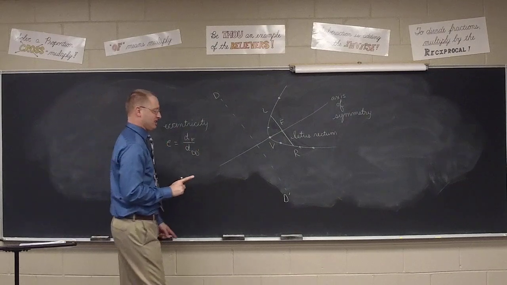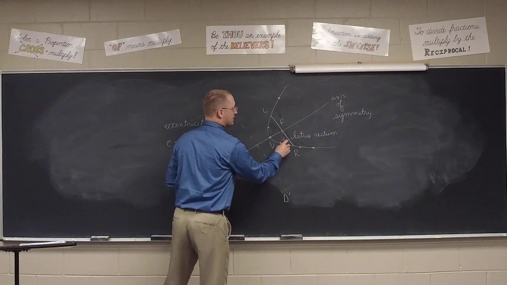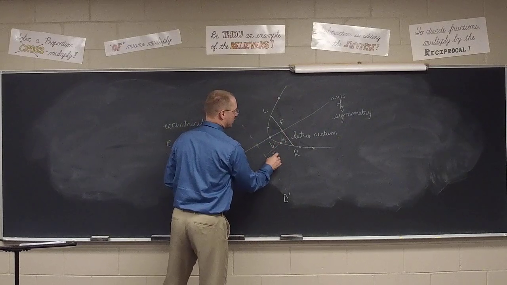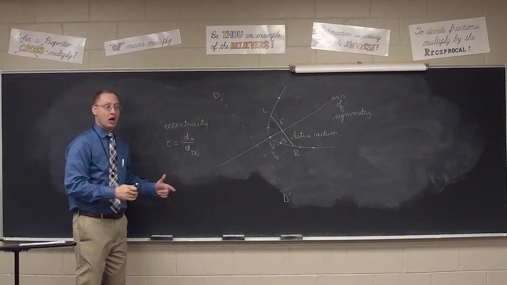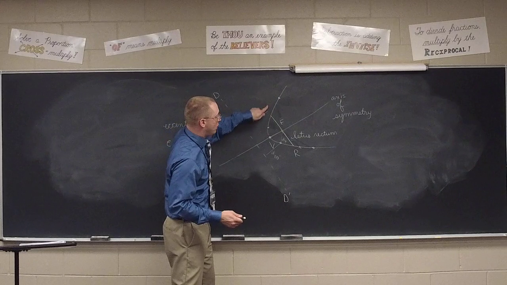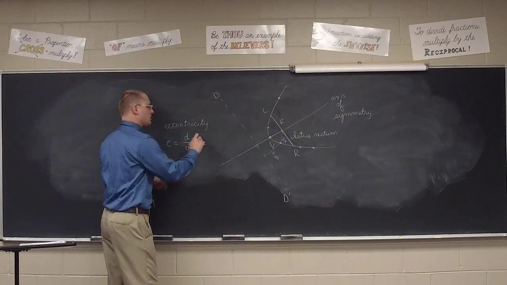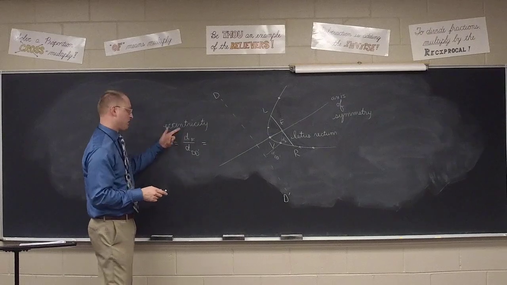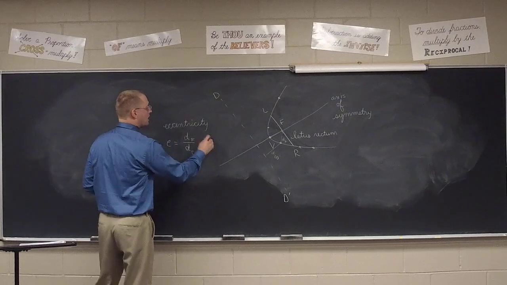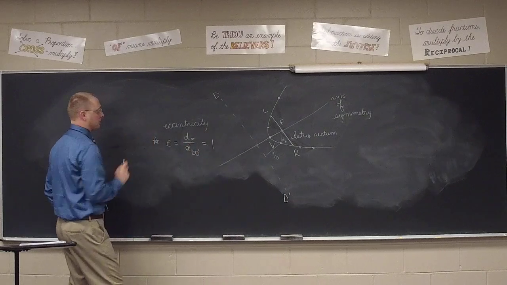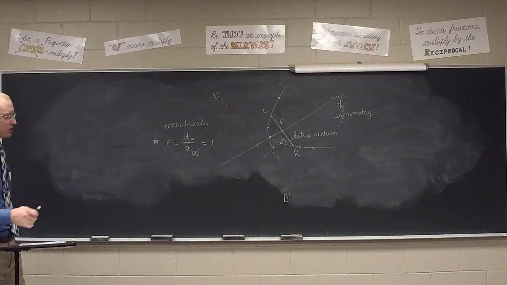And again, this is poorly drawn, but if it's a true parabola, this distance to the focus and the distance to the directrix have to be equal, because that's the definition of a parabola: the locus of points that are equidistant from the focus and the directrix. So since these are always equal, if you divide something by its equal, you always simply get 1. So for every parabola, the eccentricity will be 1, which is why we're studying it second.